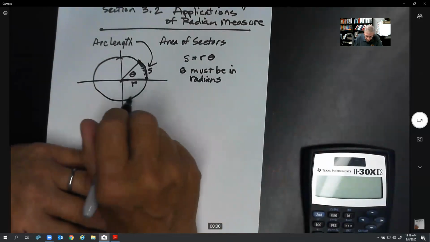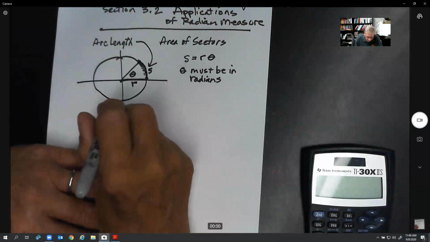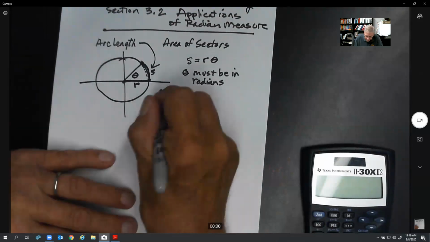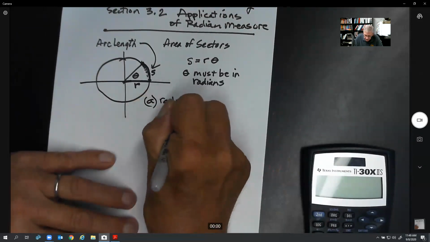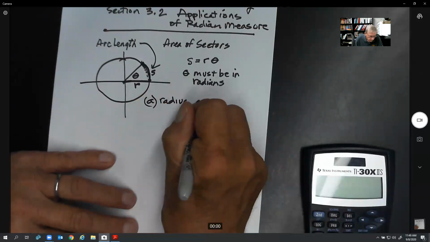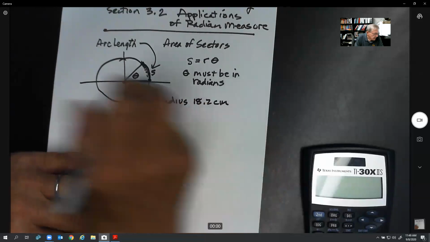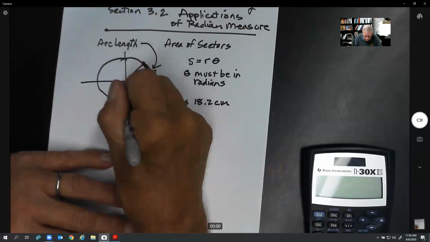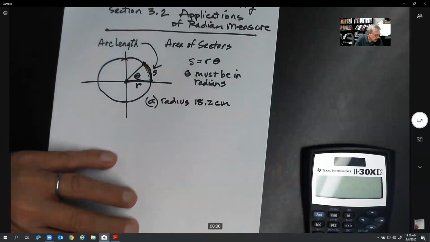This is on page 101, and we have this problem. It says a circle having a radius of 18.2 centimeters, and it's intercepted by a central angle. This is a central angle right here because it comes from the origin.